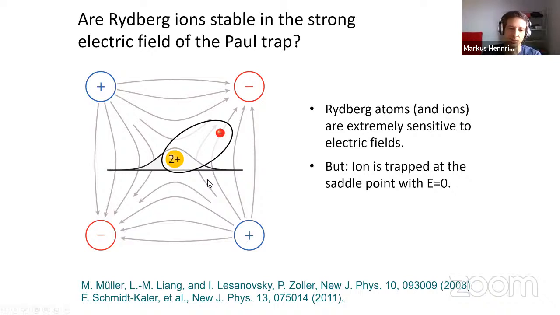Right in the center where the ion is usually trapped, the electric field is 0. There's only a quadrupole field. If you go a little bit out, you have an electric field, a dipole field, but right in the center, you only have a quadrupole electric field and no electric field present. So even if there are strong electric fields around, in first order, the Rydberg ion will not see the electric field. Only due to the spread of the wave function will it see the electric field.